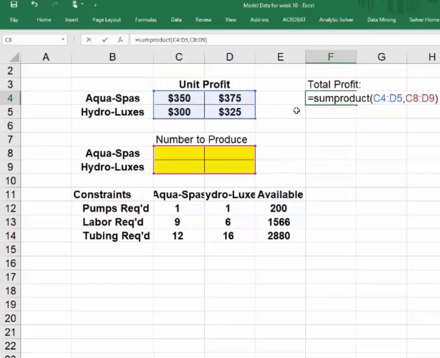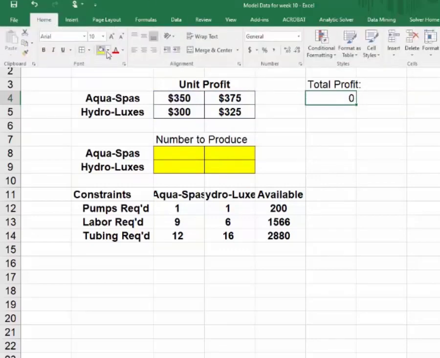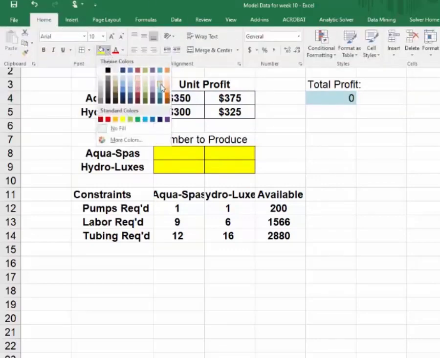So when we take the sumproduct, it will just take the 350 times this one plus 375 times this one plus 300 times this one plus 325 times this one. We'll highlight our objective function in blue.